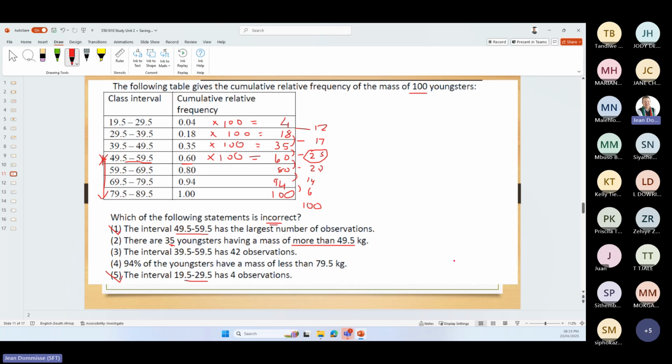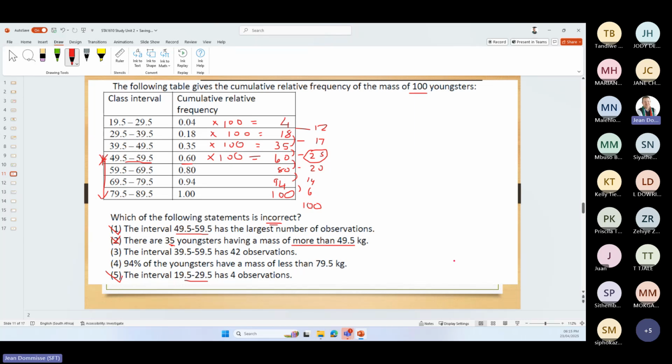There's 20 plus 25 plus 20 plus 14 plus 6. So it's actually 65. They wanted you to nearly look at that 35 and get confused with that. So option 2 will be the wrong number.